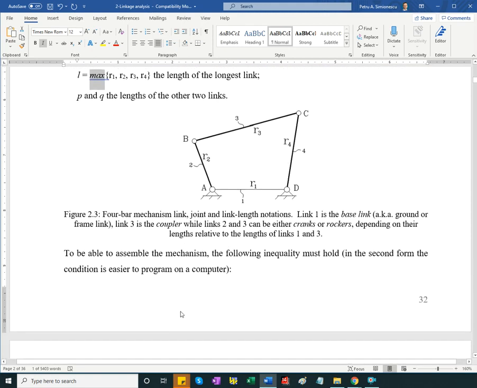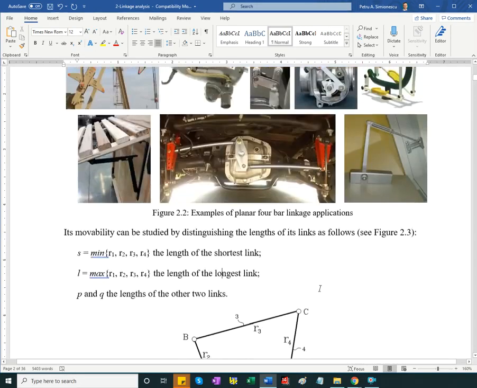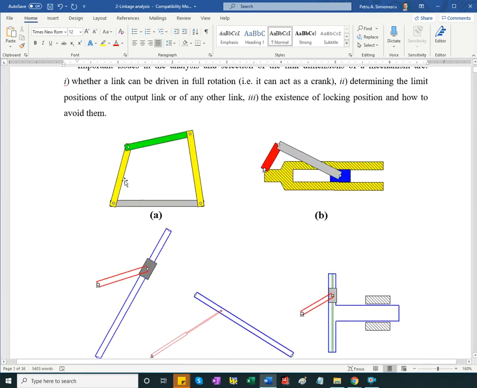Okay, so firstly, before checking whether the crank fully rotates, we want to know if you can really assemble the 4 links together. So if you're given the yellow, the gray and the green links separate with holes drilled, and pins, and you want to put the 4-bar together, it's clear that if any of them is too long, imagine it 10 times longer, you cannot put it in place.